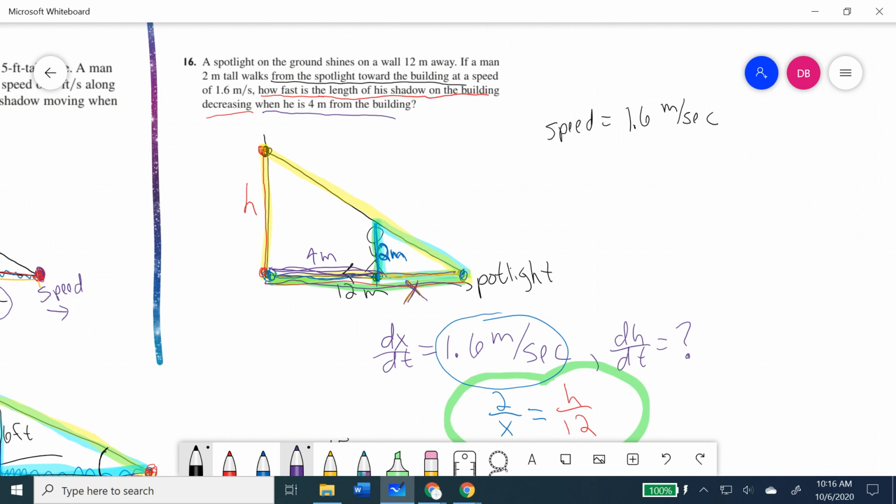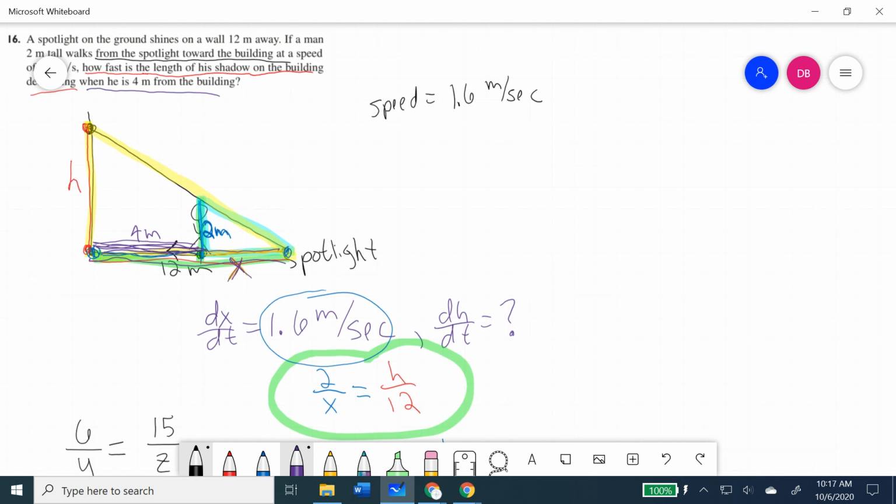And I've got, for my main triangle, let me see. So I need to draw another triangle.